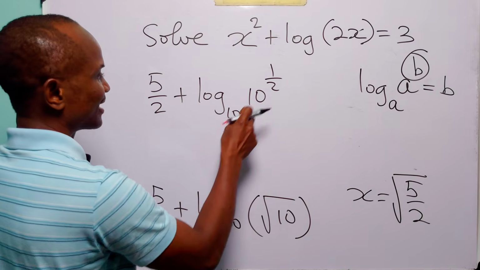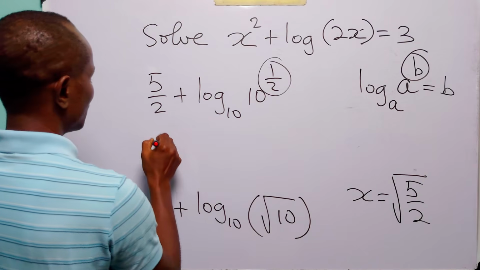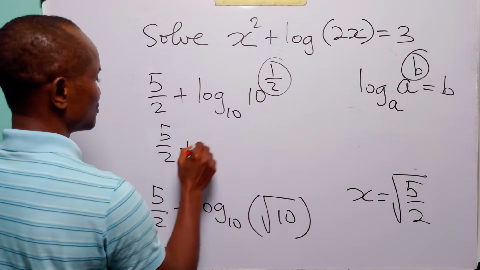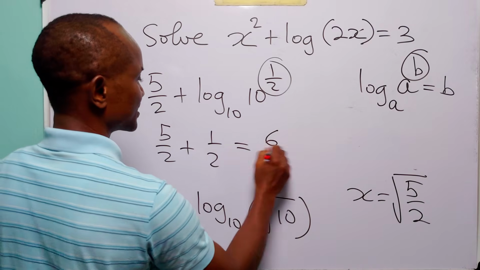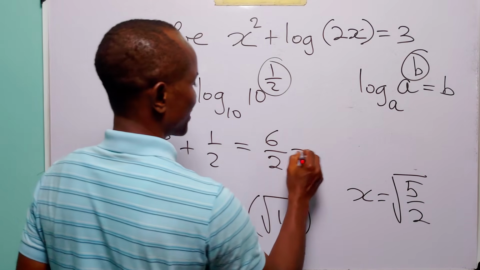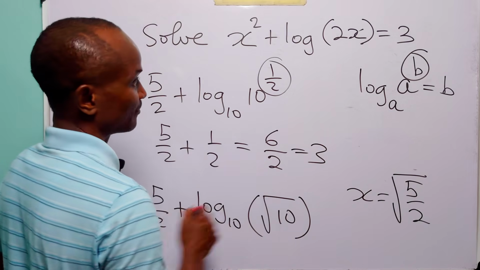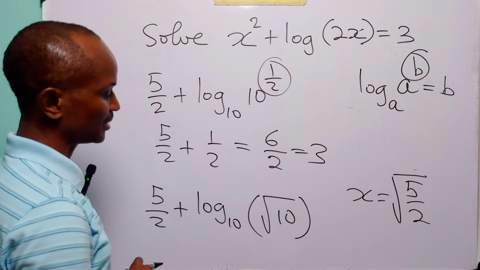So log to base 10 of 10 to the power half is equal to half. We have 5 over 2 plus 1 over 2. 5 plus 1 is 6. And of course, the denominator is 2. 6 divided by 2 is equal to 3, which is exactly what we have on the right-hand side of the original equation.